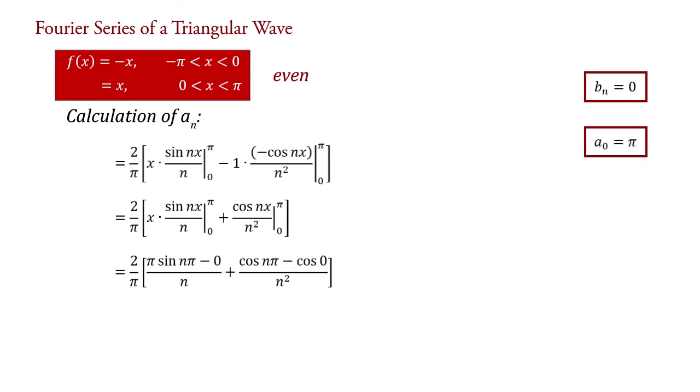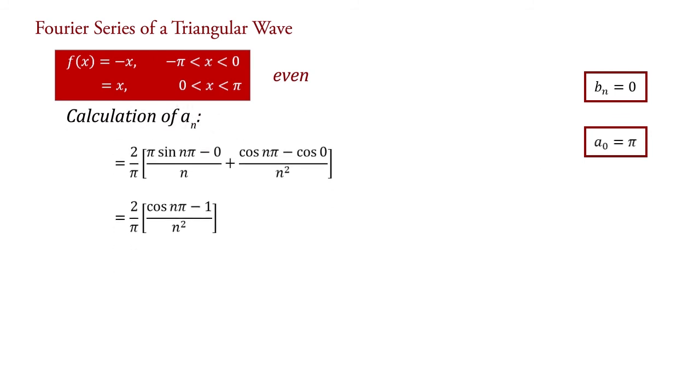Therefore we can write an equals 2 upon pi into bracket cos n pi minus 1 upon n square. For n even, cos n pi equals 1, and therefore cos n pi minus 1 equals 1 minus 1, that is 0, and therefore an equals 0 for n even.